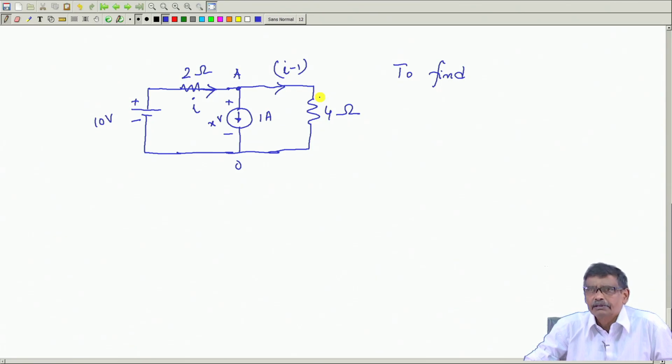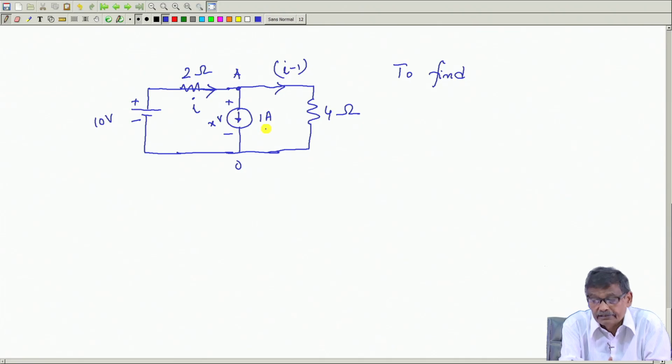In a circuit having only batteries and resistances, the voltage across the battery is known, but how much current it delivers is decided by the impedance connected. The converse with the current source is that it delivers a constant current in the direction the arrow indicates, but the voltage across the current source is not known.